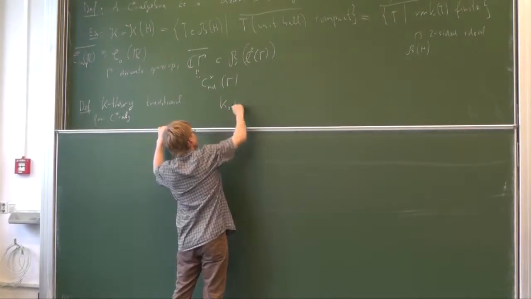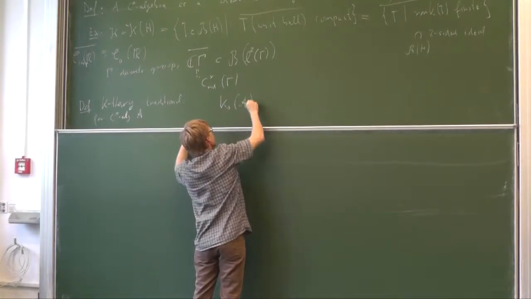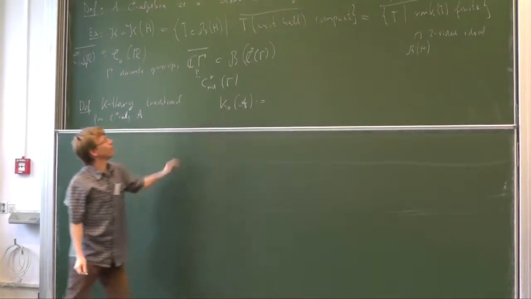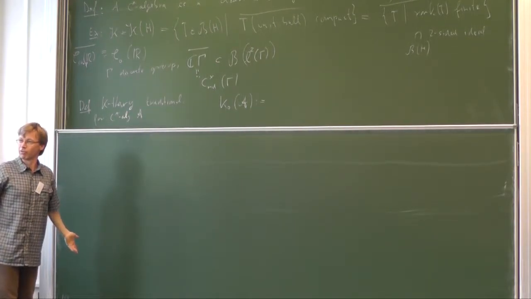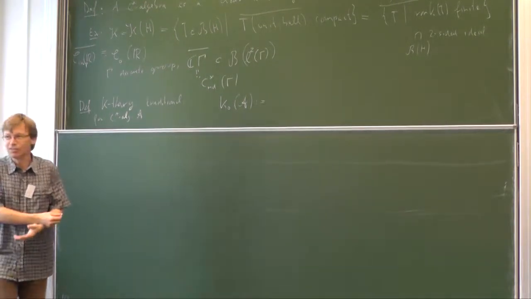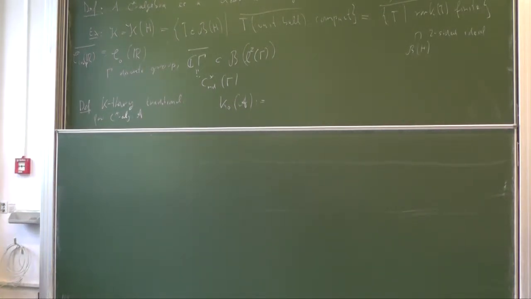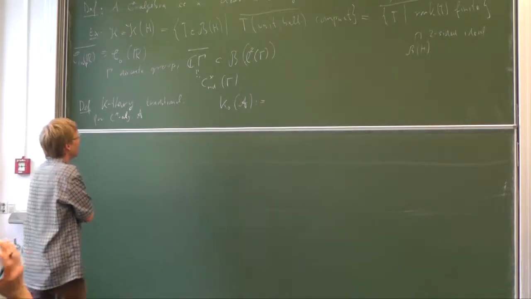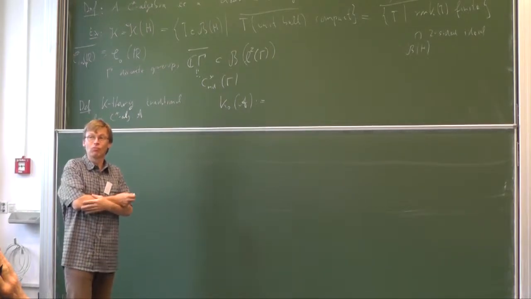There's K0 of A, and this is defined as you define K0 of any ring. A C-star algebra is in particular a ring. You take the monoid of all isomorphism classes of finitely generated projective A-modules and take the Grothendieck group of that.